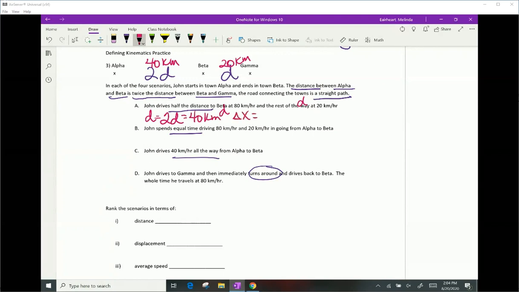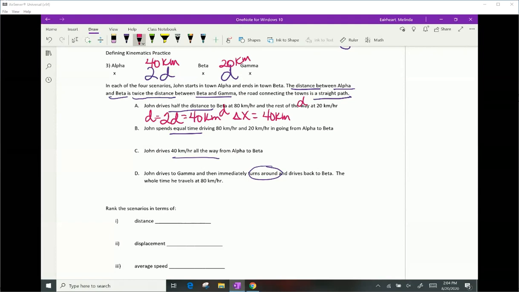What about the displacement? Anyone? So there's no turnaround, and so the displacement will also equal 40 kilometers. They're the same in this example. And then we're going to need average speed, okay?